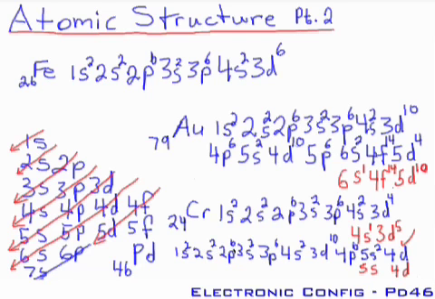I get 10, 20, 30, 38. 4d8. Ooh. What happens if I promote 2 electrons? I get the filled shell. 5s0, 4d10. Does palladium actually promote?